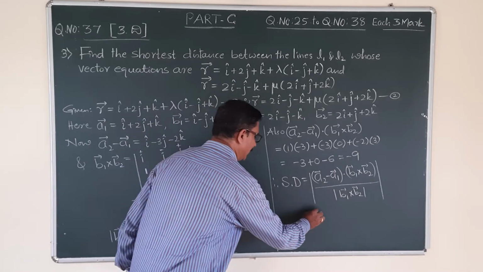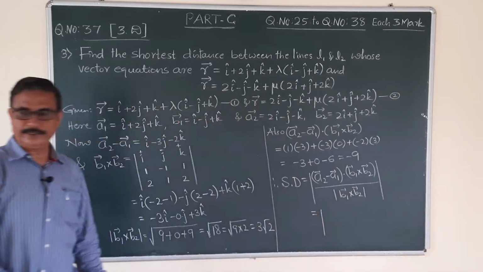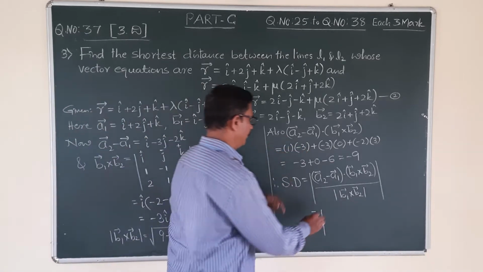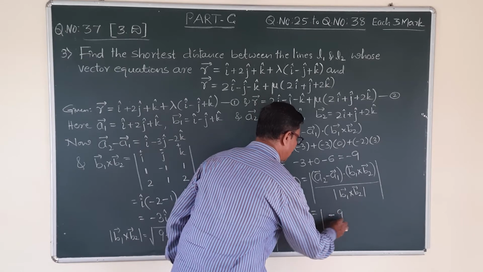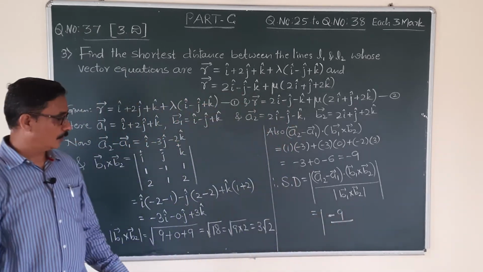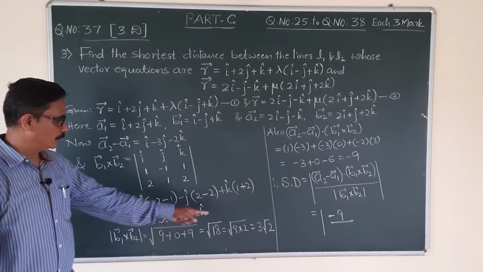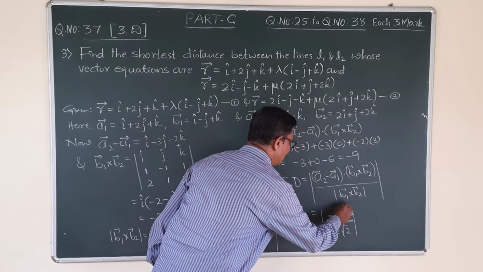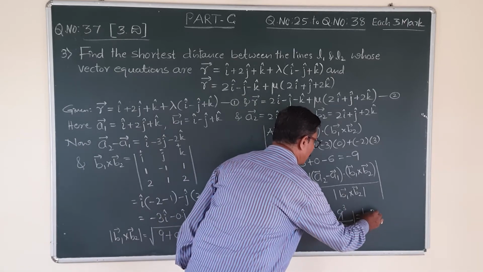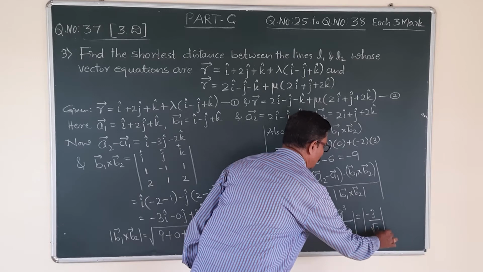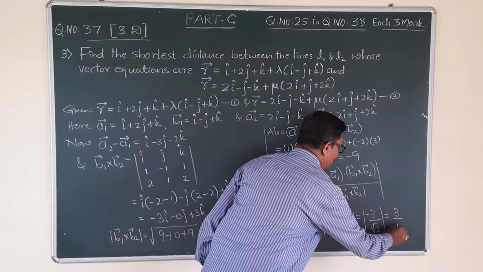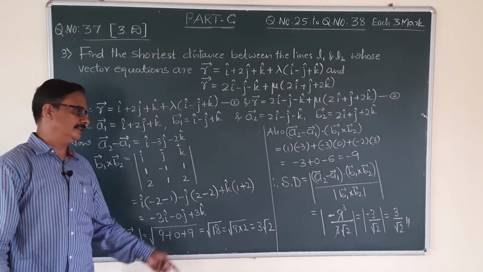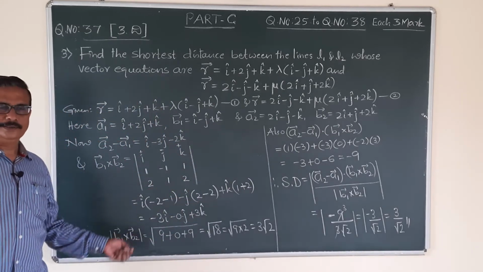That is equal to modulus of minus 9, divided by the magnitude of b1 cross b2, which is 3 root 2. 3 1s are 3, 3 3s are 9, so modulus of minus 3 divided by root 2, modulus of minus 3 is plus 3 divided by root 2. So the shortest distance between two lines is 3 divided by root 2.